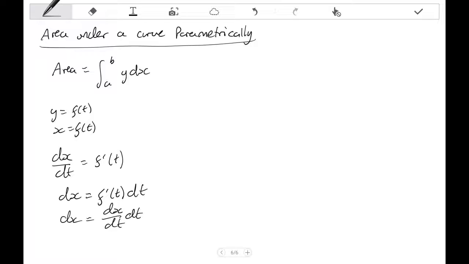So that means we can now rewrite the area, still between a and b, but now a and b need to be calculated as values of t. Whereas before it would have been values of x, now it's values of t between 2 points, and it's equal to the integral of y times dx by dt dt.